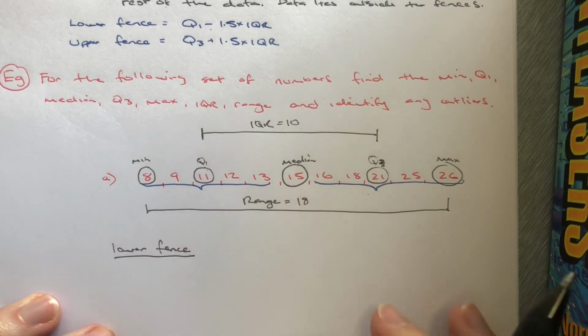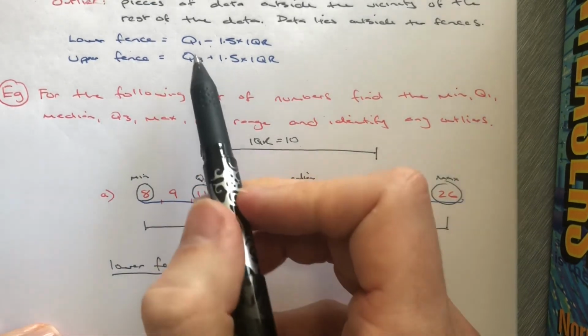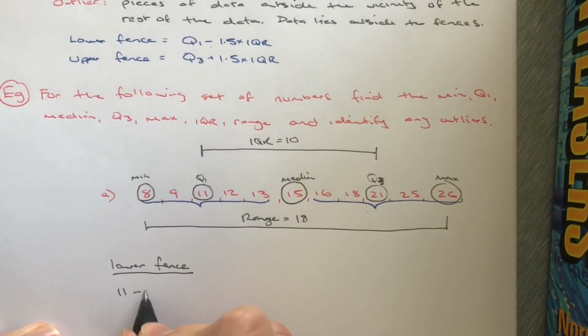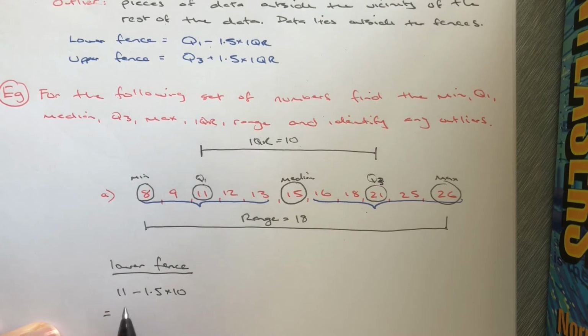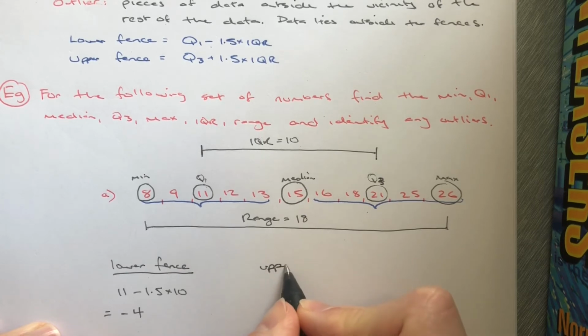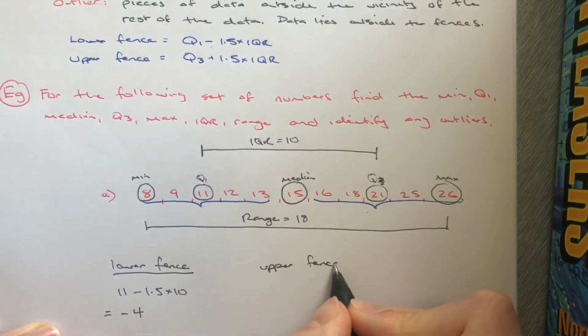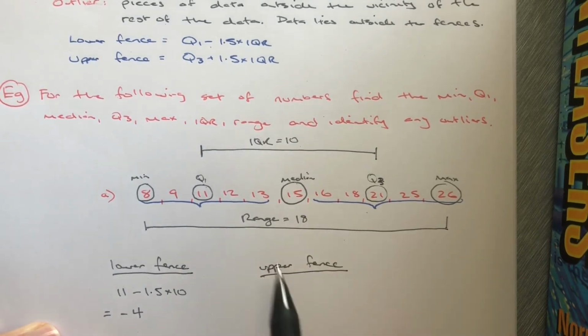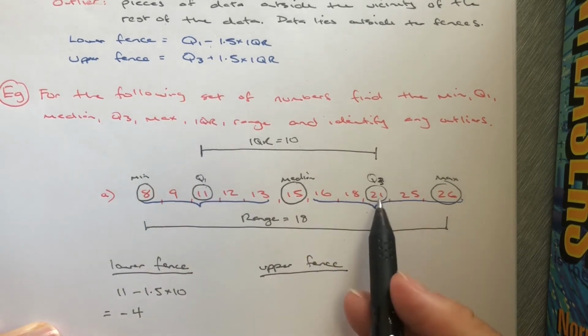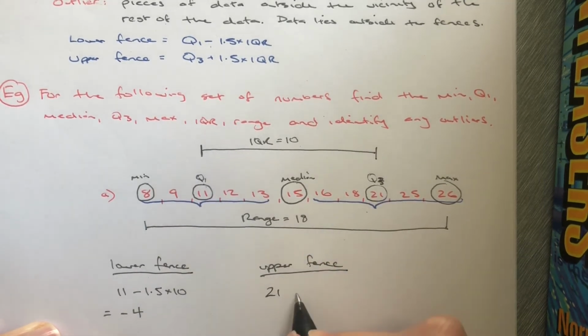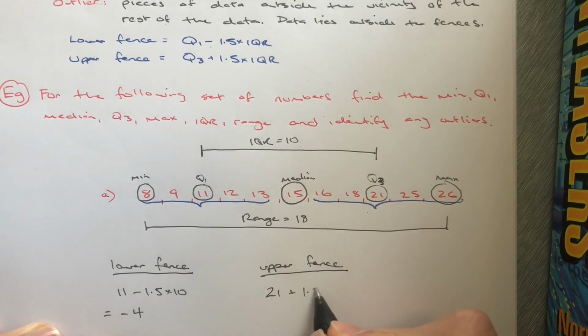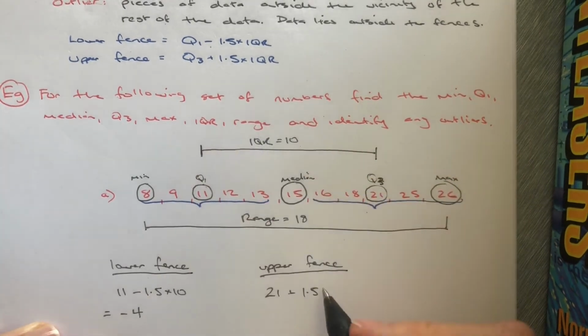All right, so the lower fence is Q1, which is 11, minus 1.5 times the interquartile range, which was 10. So our lower fence is going to be equal to 11 minus 15, so it's minus 4. And our upper fence is Q3, which is 21, plus 1.5 times the IQR, and that IQR was 10.